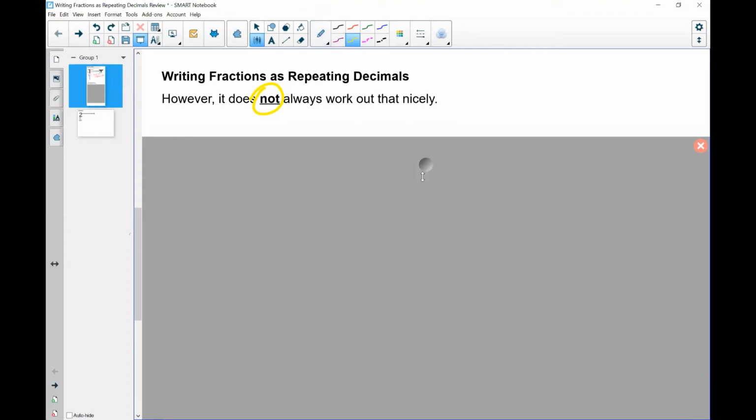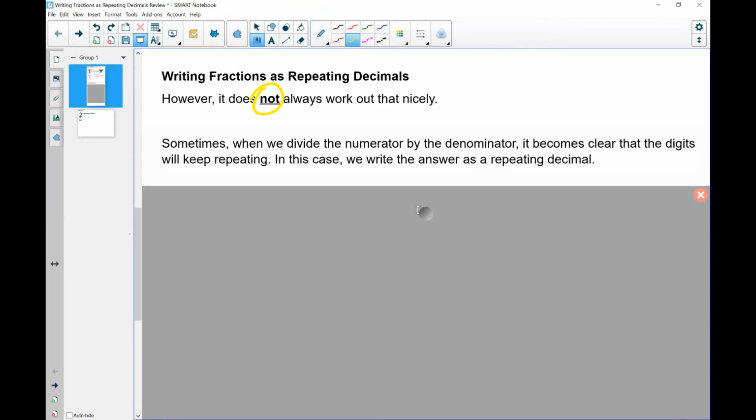Here's what I'm talking about. Sometimes, when you divide the numerator by the denominator, it becomes clear that the digits will keep repeating. In this case, we write the answer as a repeating decimal.